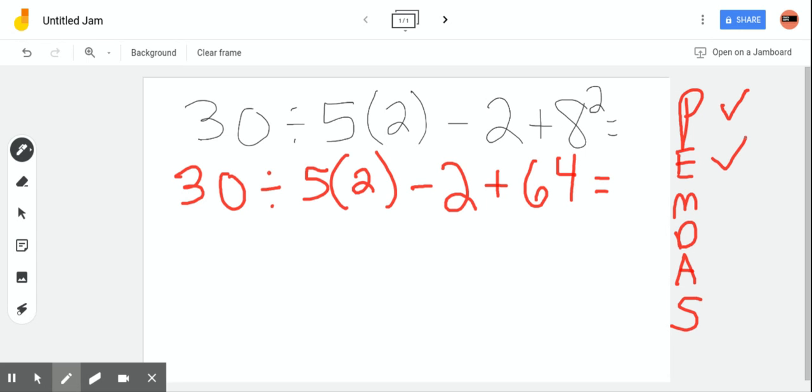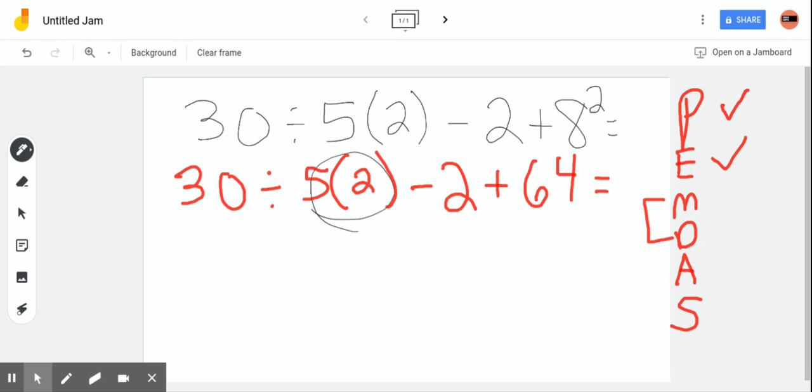Multiplying and dividing. Remember, multiplying and dividing is the same step. Okay, here's where the people may have messed up. If you went ahead and did this right here and said 5 times 2 gives you 10, unfortunately you messed up.